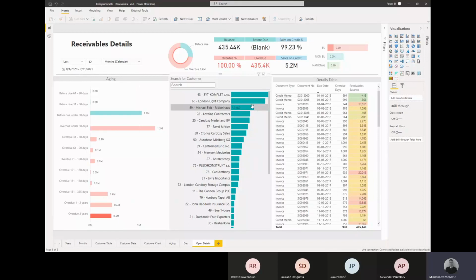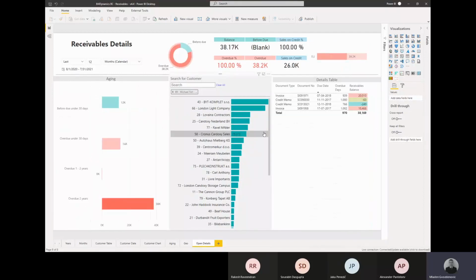And if I want to see a specific customer, then I select that specific customer. So this is a specific customer with 2 years overdue, but you can see it gives me also the status of other receivables for this customer.